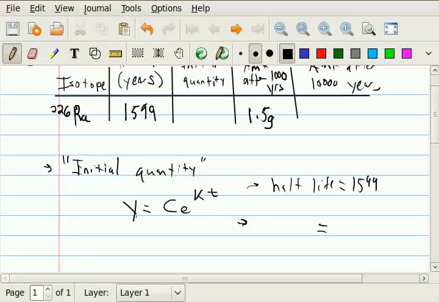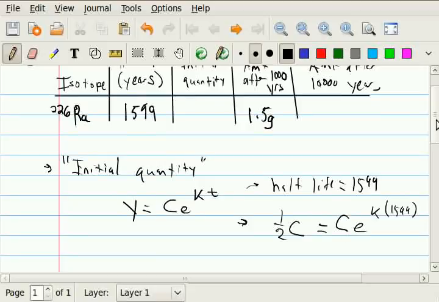If you look at our equation here, that gives us the amount after a certain time. If we start with C, we're going to have half of C after 1,599 years. So here's what that information tells us. When t is 1,599, we're going to go from whatever we started with to half of that amount.